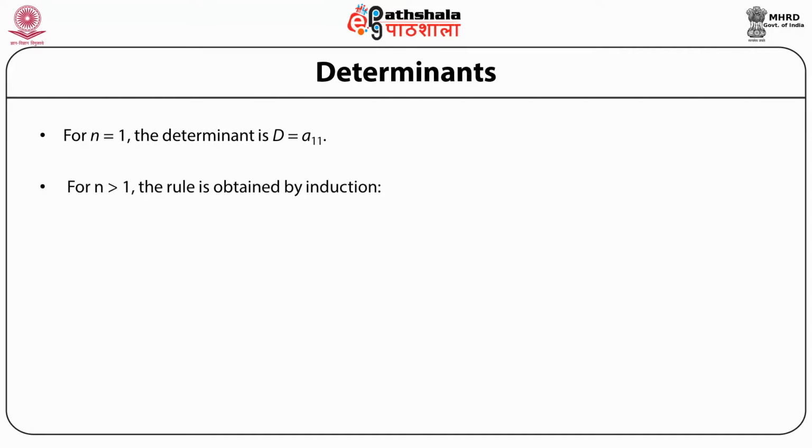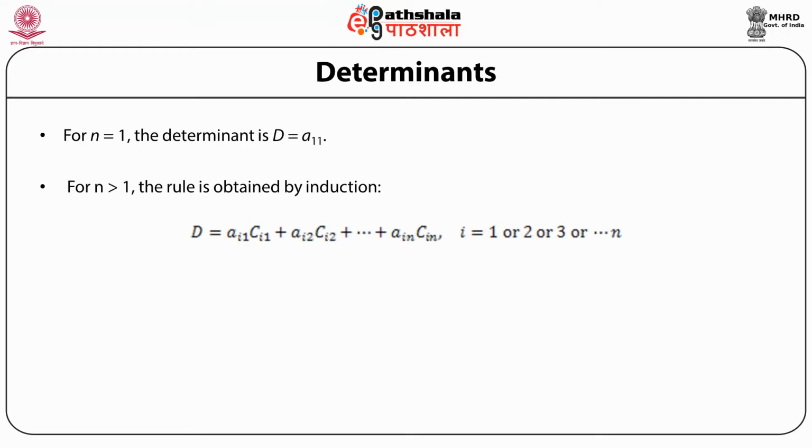For n greater than 1, the rule is obtained by induction. That is, D is equal to ai1 times ci1 plus ai2 times ci2 plus so on till ain times cin, where i takes the value 1, 2, 3 or so on till n.